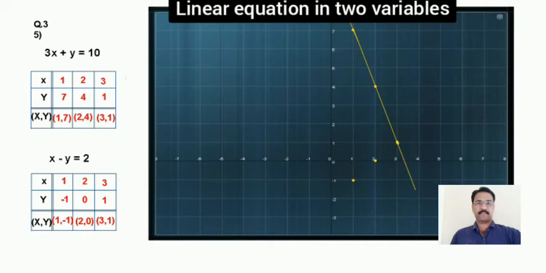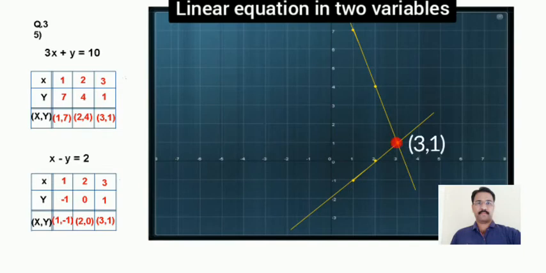So from these 3 points we are going to draw the line. Look here, these 3 points are collinear. I'll extend the line from both sides. Here it is. Now just look here. Where is the intersecting point? Here it is. What is that point? (3, 1).